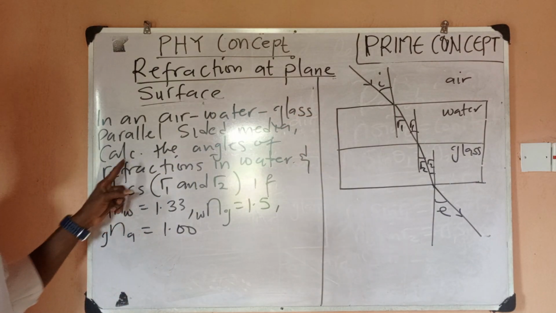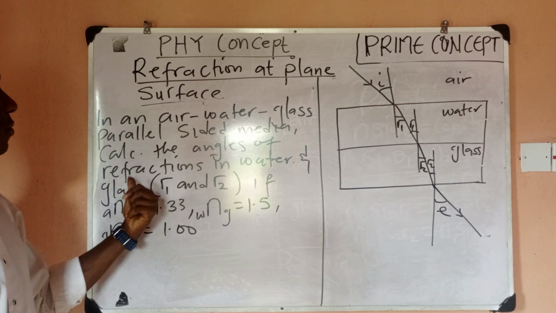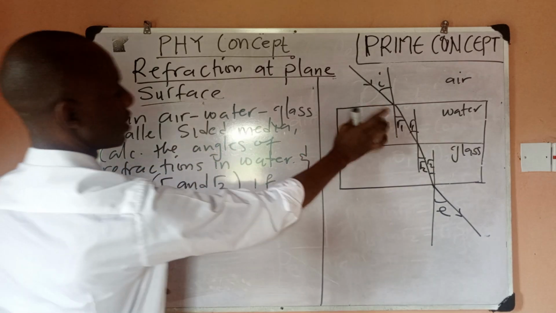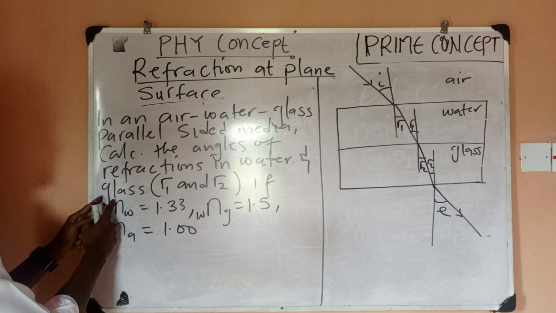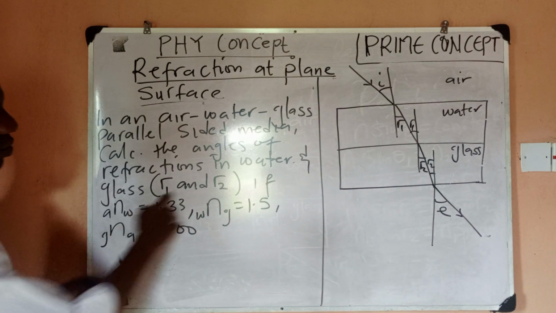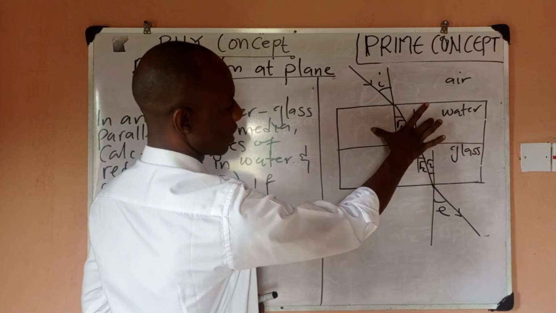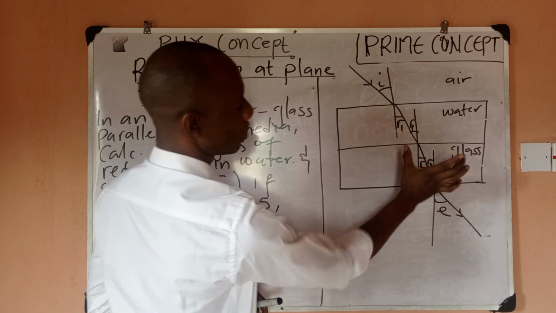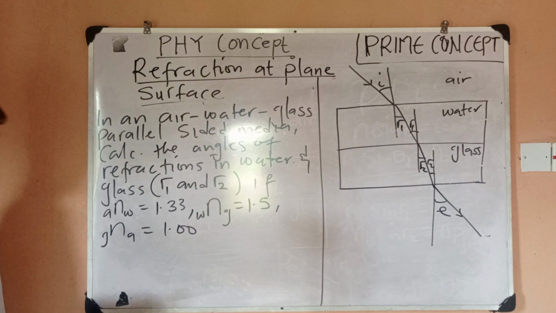They said calculate the angles of refraction in water and glass, R1 and R2. So we want to find the angle R1 in water and the angle R2 in glass. Those are just the two things we want to find.